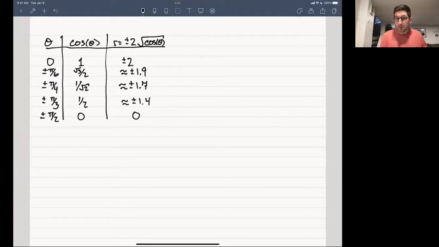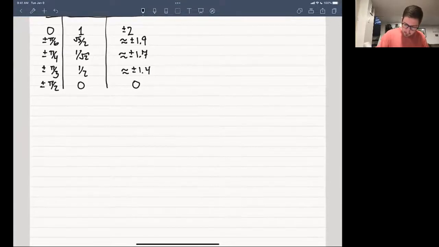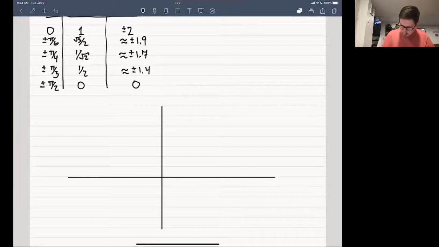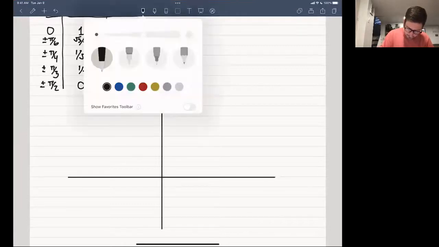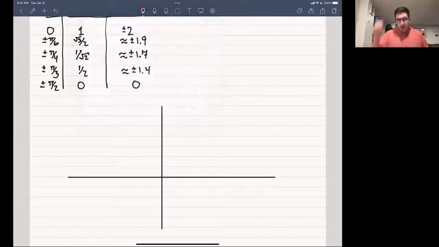Okay, so now, what can we do with this? Can this help us? Well, of course. We actually just need the positive angles, as I mentioned. Let me draw a big Cartesian plane here. Let's see what happens.